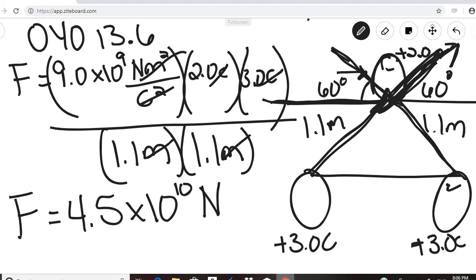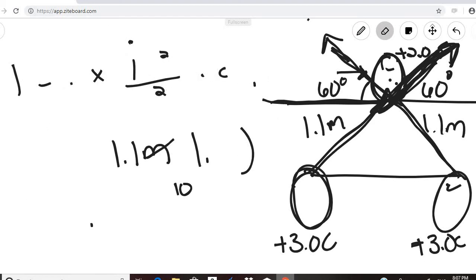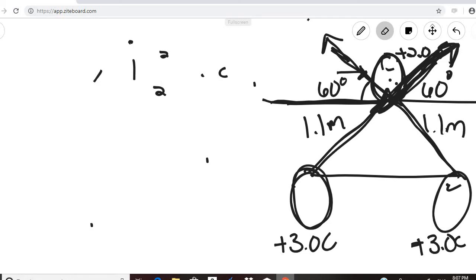Okay, so the repulsion between this charge and this charge is going to push this particle that way, and this between here and here is going to push that particle that way. So they're not in the same dimension, so then we have to use our trigonometry to figure out what the resultant vector will be.